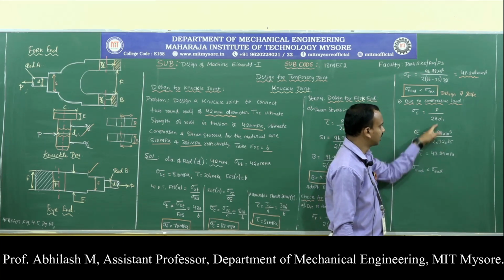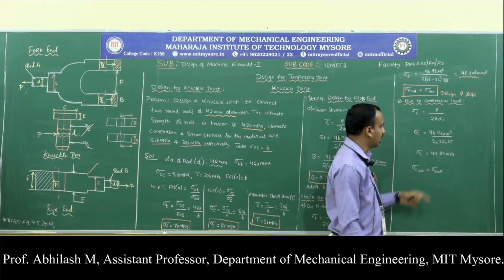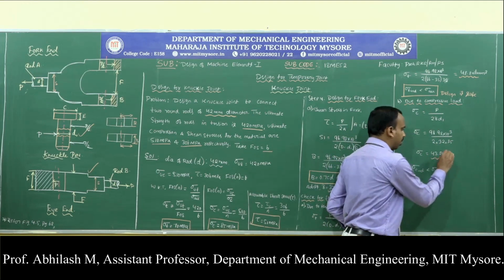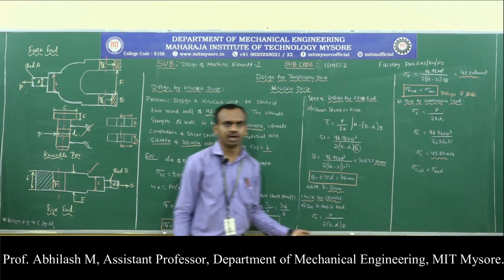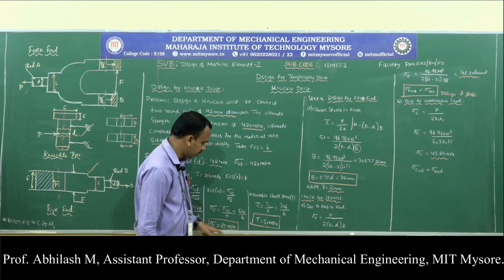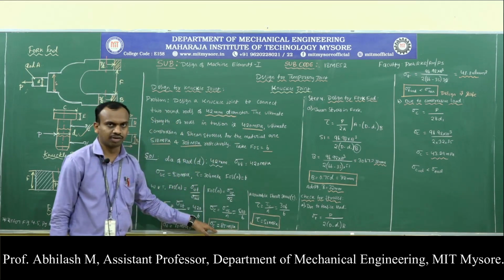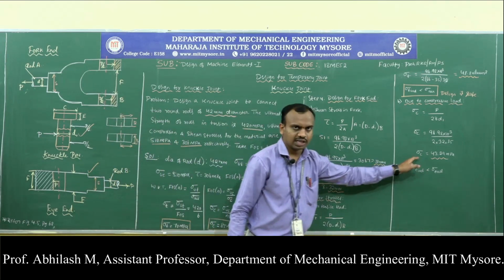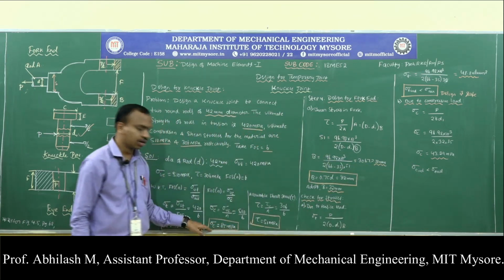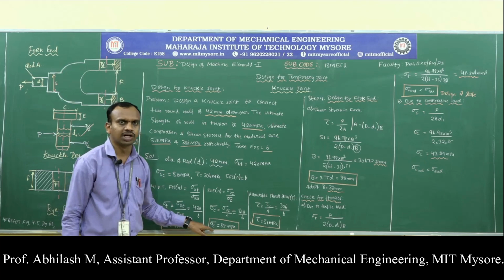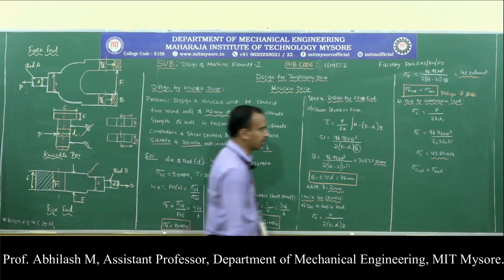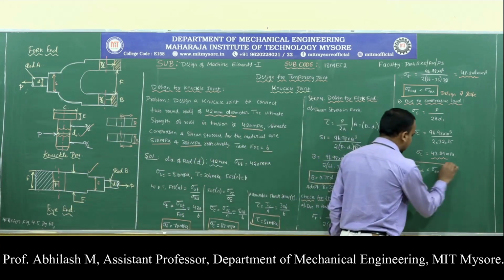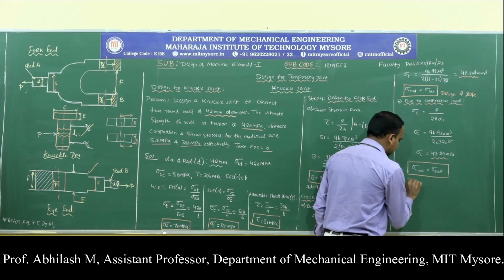So 2B is 32 into D1 is 35. After doing the calculation, we have obtained 43.29 megapascal. The allowable compressive stress for the given problem is 85 megapascal. So the obtained value is lesser than the allowable compressive stress of 85 megapascal. So we can clearly state that the design is safe.